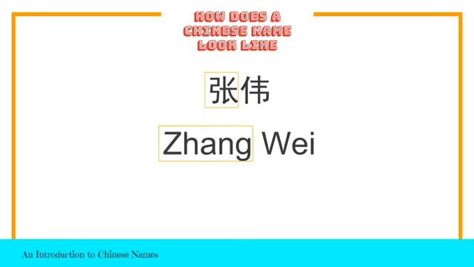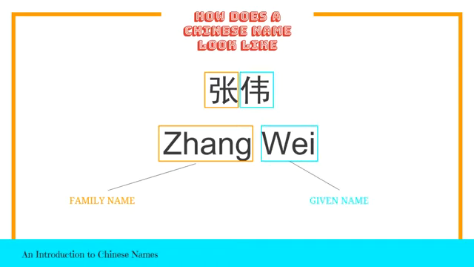Zhang is the family name, and Wei is the given name. So as you can see, like names in the West, Chinese names have two parts, the family name and the given name. But they are a little bit different.